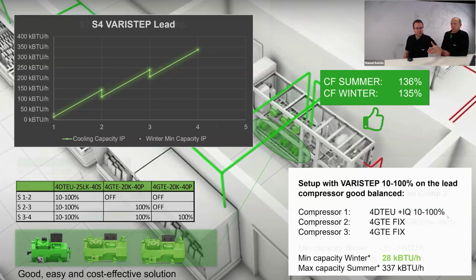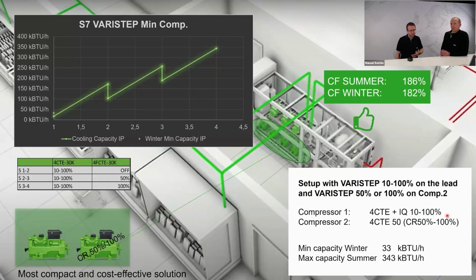If there is no space available, we don't really recommend doing such big systems with a 2 compressor execution. For smaller capacities, it is standard to have only 2 compressors now with the VARISTEP. Even so, you can do it with 2 compressors, whereas with variable speed drive you would need 8.